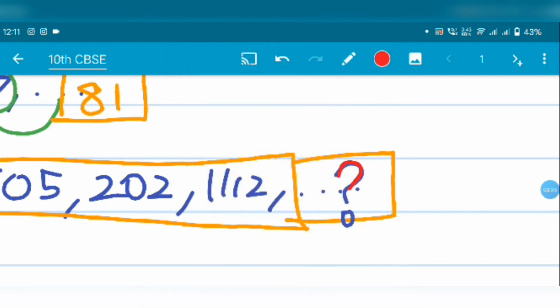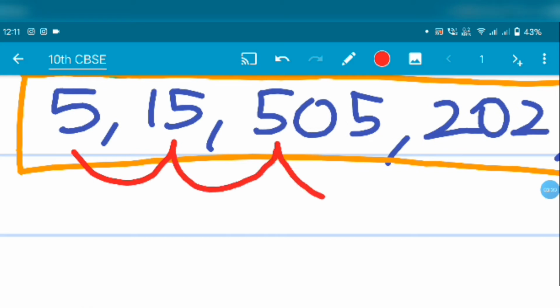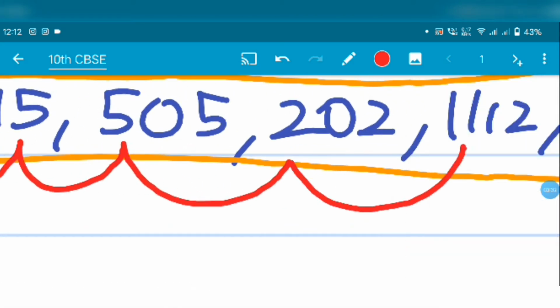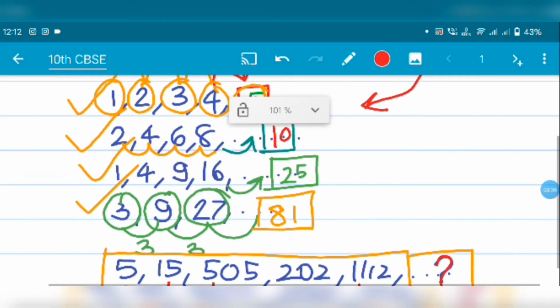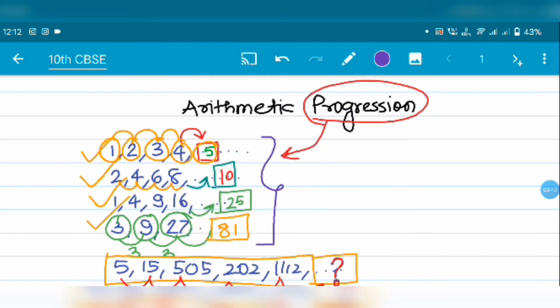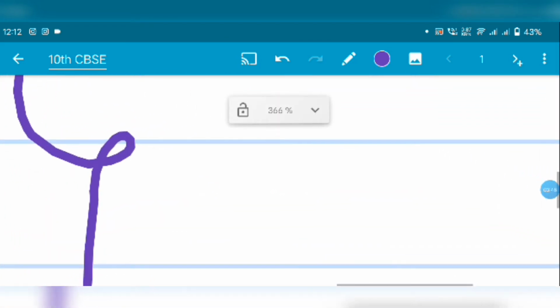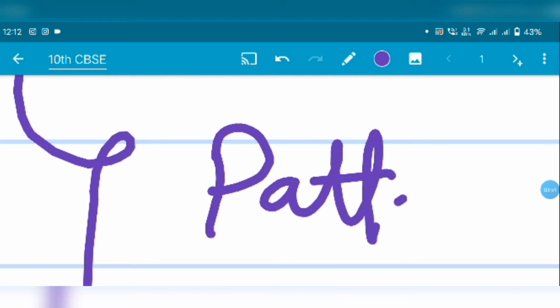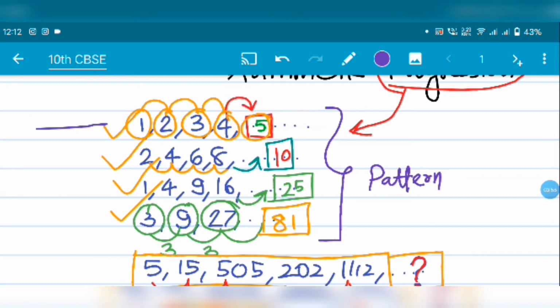The reason is that we are not able to find the pattern, how the new numbers are coming from the old ones. In the other examples we could easily find one thing, that is known as a pattern. And because of this pattern, we were able to write the next upcoming number.